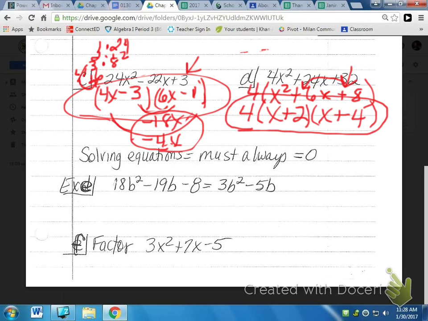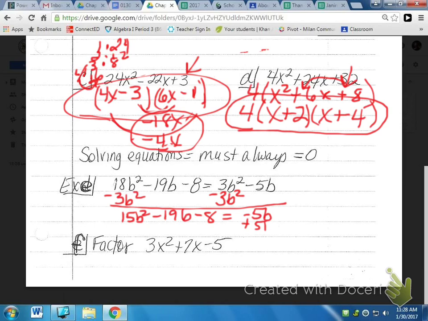So I'm going to take everything to the left so my b squared term remains positive. So I'm going to subtract 3b squared from each side. And I get 15b squared minus 19b minus 8. It's still got a negative 5b over there. So I'm going to go ahead and add a 5b to each side.